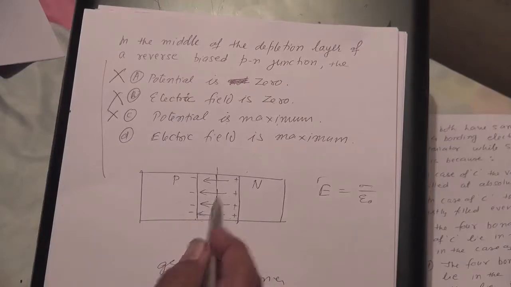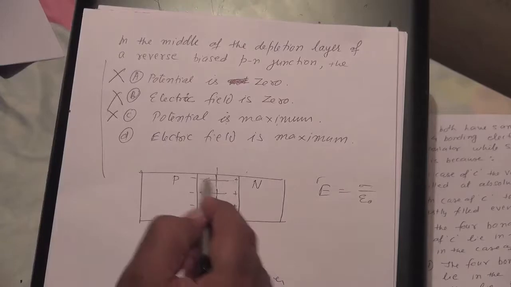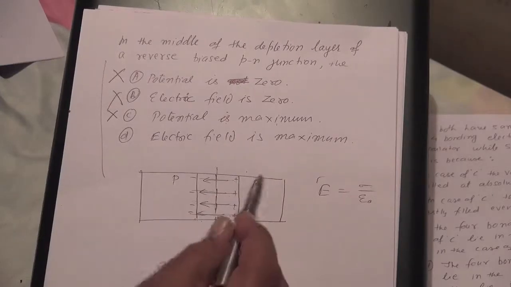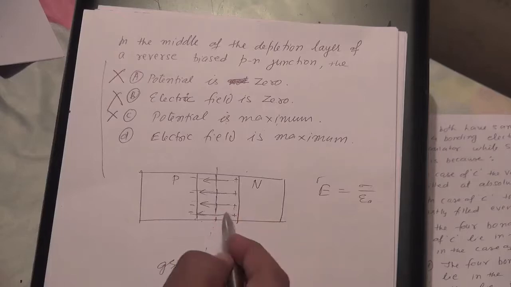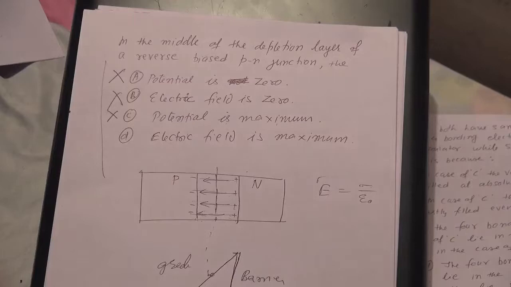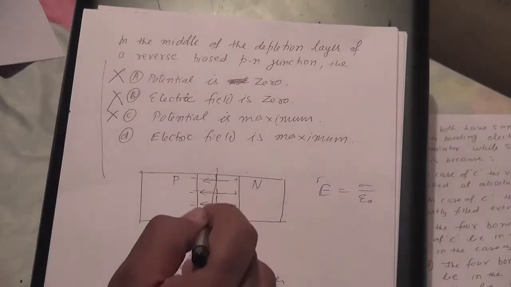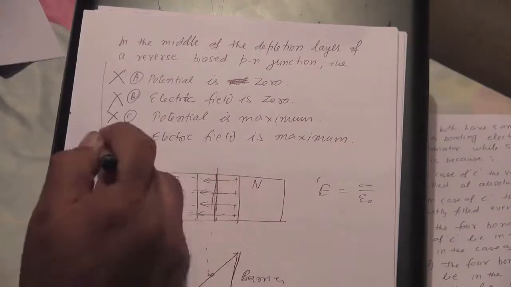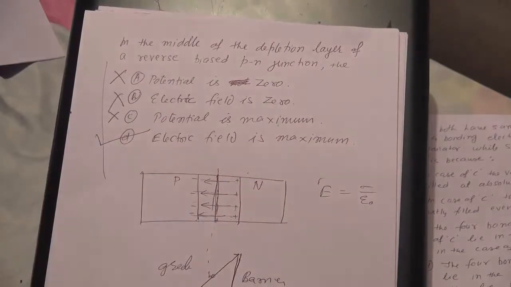This answer is correct because here the electric field everywhere is the same. So it has one value E, and this E is everywhere. The same value is the maximum value. So electric field is maximum at this point. So this is the right option. Electric field is maximum.